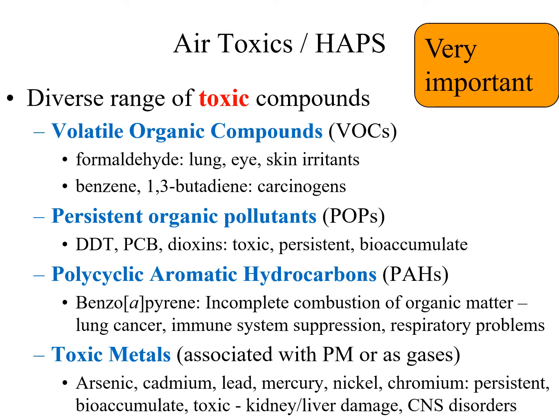Air toxics, very important: a diverse range of toxic compounds, volatile organic compounds, persistent organic pollutants, polycyclic aromatic hydrocarbons, toxic metals such as arsenic, cadmium, lead, mercury, nickel, chromium; persistent, bioaccumulative, toxic; kidney and liver damage, CNS disorders.